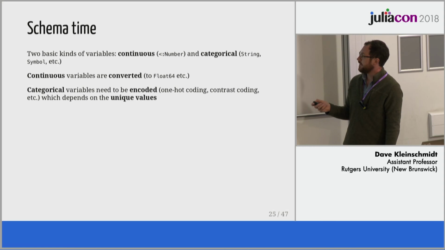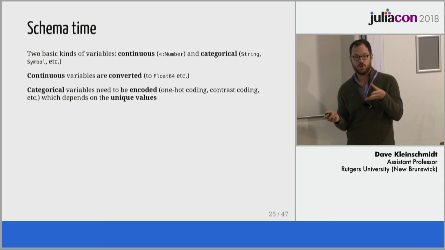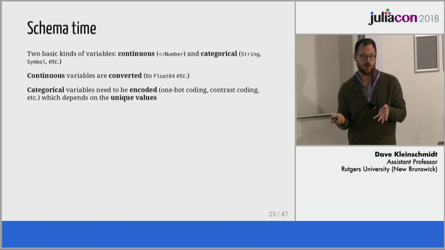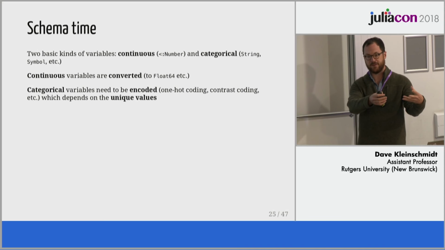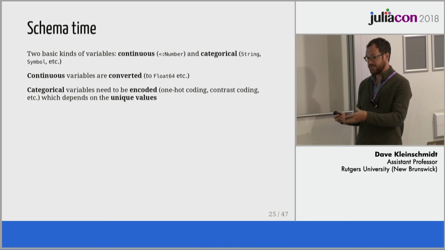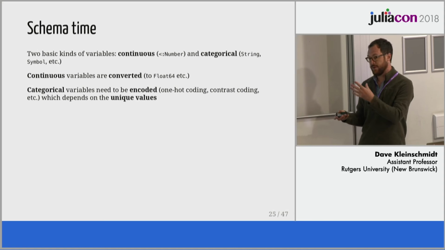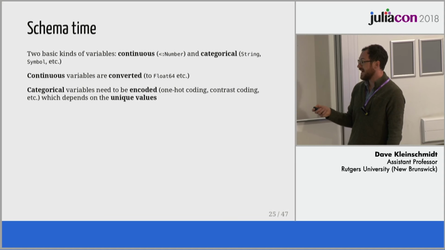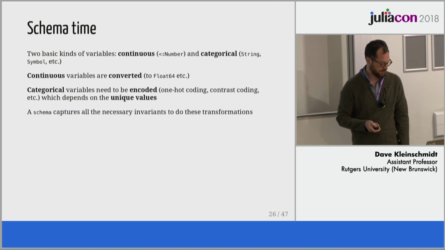And in order to fully specify that encoding, you need to know what the unique values are for that variable, right? Because we want a portable thing that we can carry around and say, given some data that follows the schema, convert it into a numerical matrix. So in order to do that portably, you need to not just know the type, but know what the unique values are, say, for categorical variables.